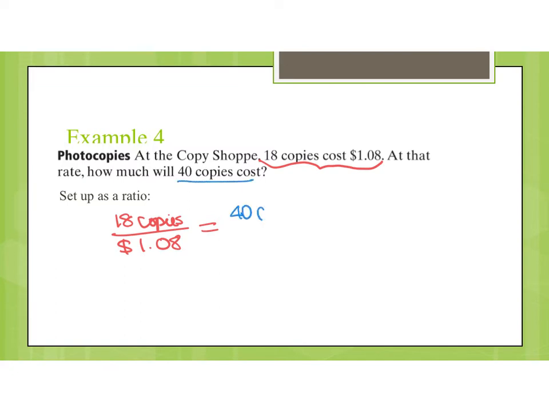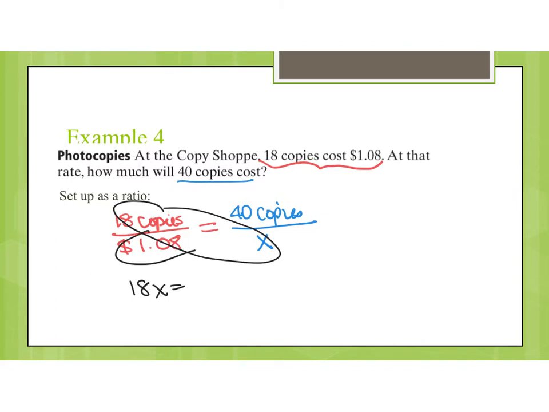So if I put my 40 copies on the top over here, I don't know how much my cost is going to be. So I'm going to replace that with an x, and then I'm going to go ahead and solve for x. So if I use my cross product, I have 18 times x, or 18x, equals $1.08 times 40, and $1.08 times 40 is going to give me $43.20.